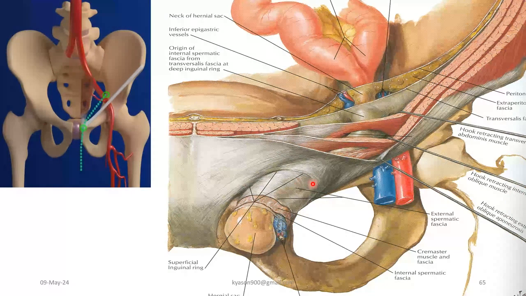The spermatic cord is bigger as compared to the round ligament of the uterus. So since the spermatic cord is bigger, their canal is wider as compared to the women. So that is the indirect inguinal hernia.